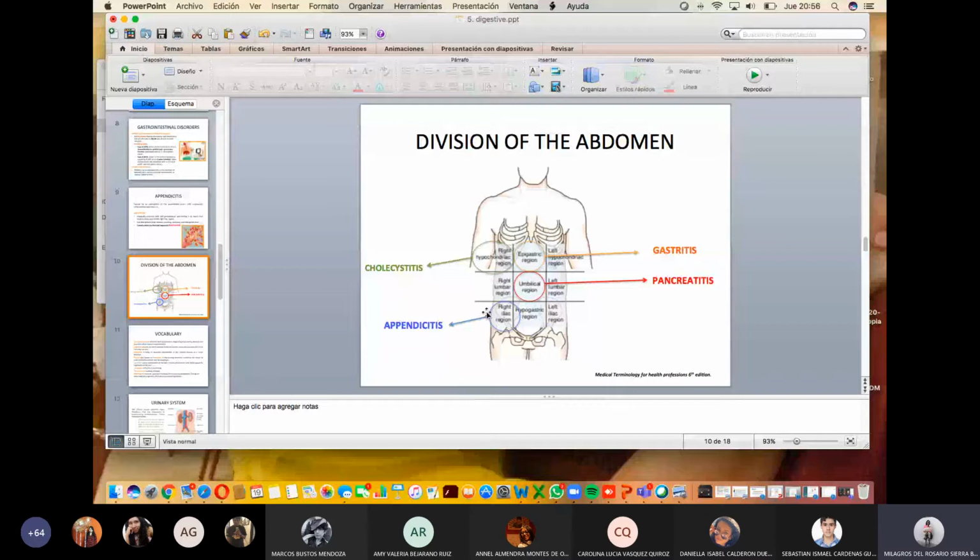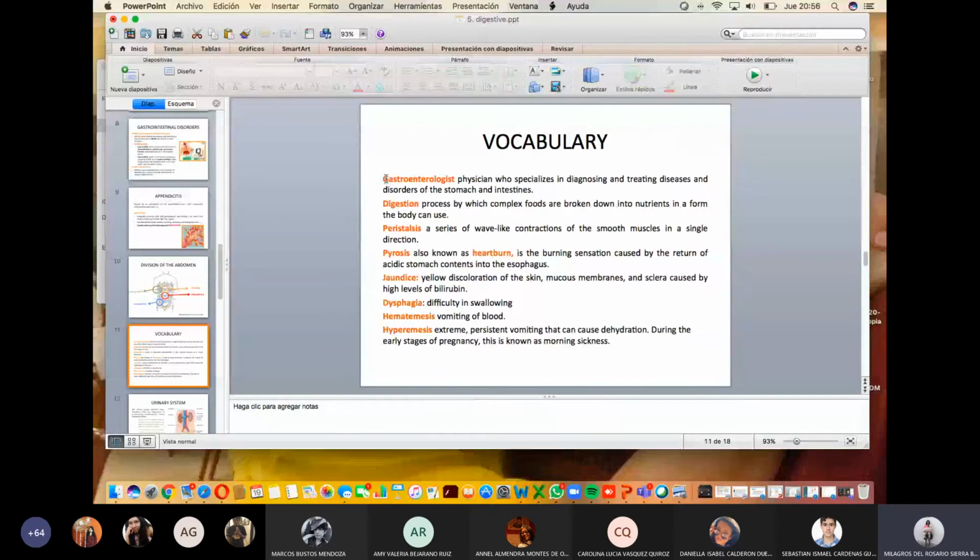Then we have some vocabulary. The doctor that is specialized in the gastrointestinal tract is called a gastroenterologist. Digestion is the process in which the food is broken down so we can use the nutrients.